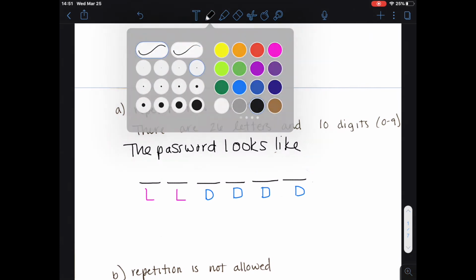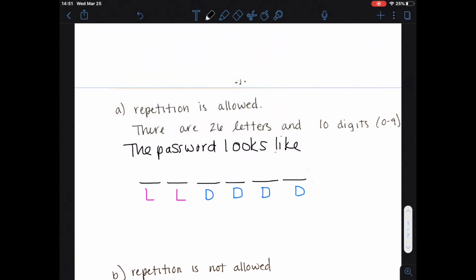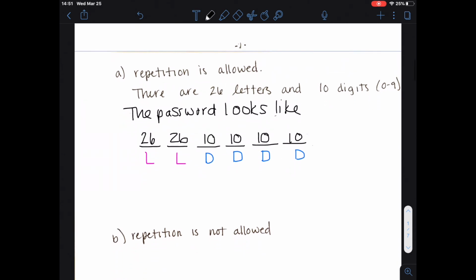For the letters, because we can repeat them, you have 26 options for the first one and 26 options for the second, because I can put an A and then an A. For the digits, same thing: I have 10 options for each digit because I can use the same one. I can put a 4 in every space. So each letter has 26 options, and each digit has 10.